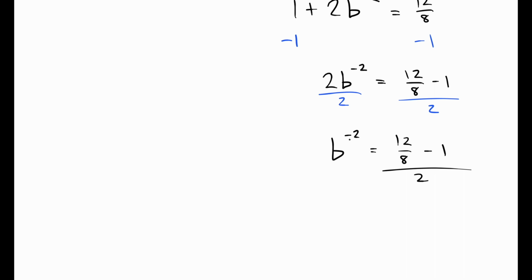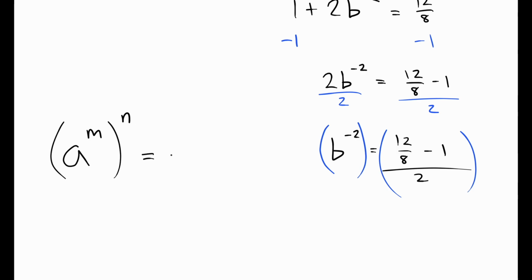Then finally, we want to get rid of this negative 2 power, and we can do that by raising both sides to a power of our choice. And so the question is, what exponent should I raise it to in order to cancel a negative 2 power? A while back there was a rule that if you have some base raised to a power and then that was raised to another power, it could be simplified into the same base raised to the product of the two powers.